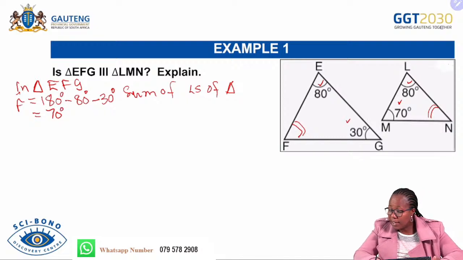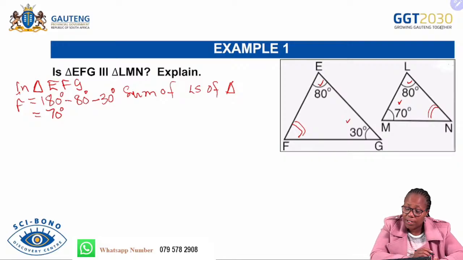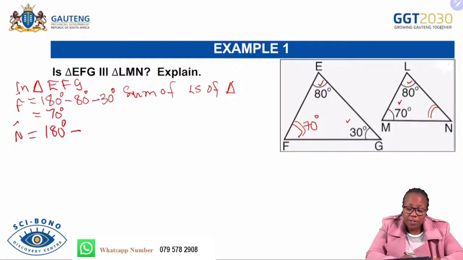Okay, and then in the next triangle now, we need angle N. Let's see now. This one is now 70. Let us plug this in. And then in the second triangle, we are looking for the value of angle N. And this will be the sum of angles of a triangle, 180. Then we subtract the given ones, which is 80 degrees minus the 70 degrees.